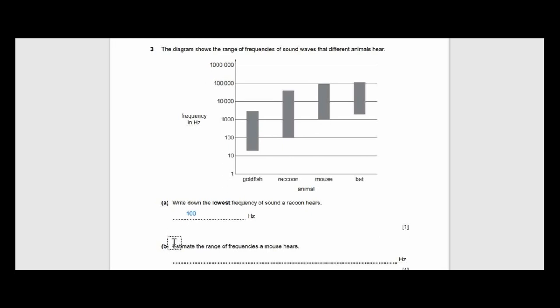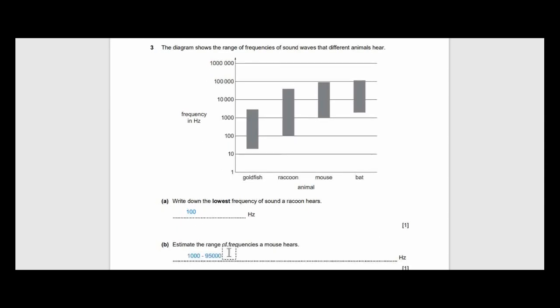Question 3b. Estimate the range of frequency a mouse hears. 10 seconds from now. 10, 9, 8, 7, 6, 5, 4, 3, 2, 1. Well, the answer is between 1000 to 95,000.